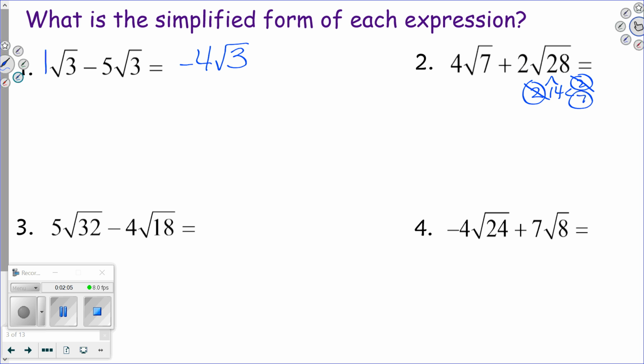The pair of 2's comes out, and then I have the leftover 7. What do I do with that 2 right there? It's going to come down and multiply by that 2, so it's actually 4 radical 7. This one I'm just going to drop down, 4 radical 7. So then 4 radical 7 plus 4 radical 7 is 8 radical 7.